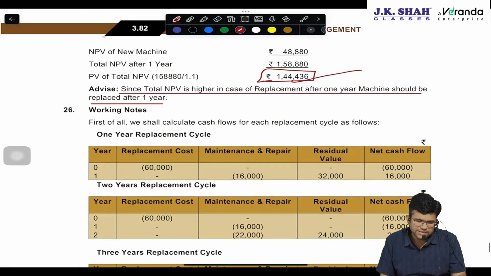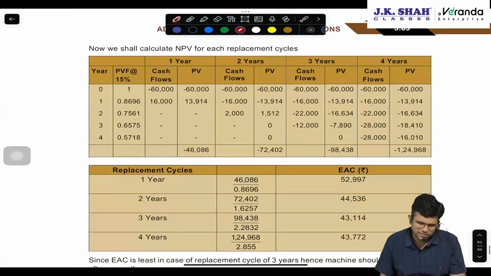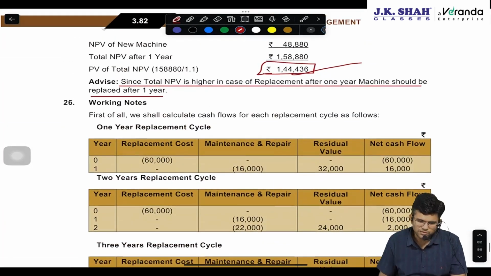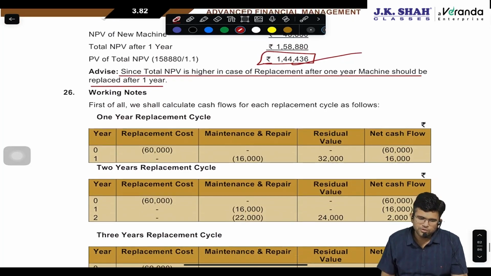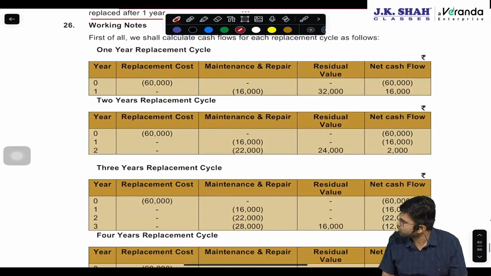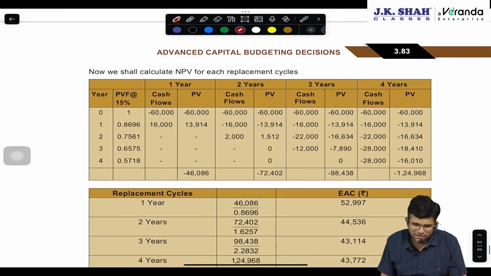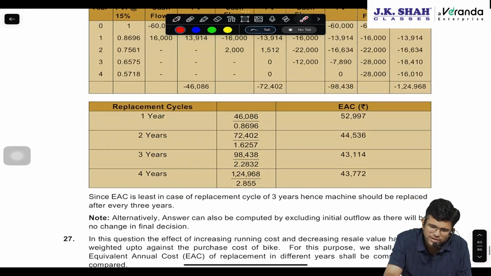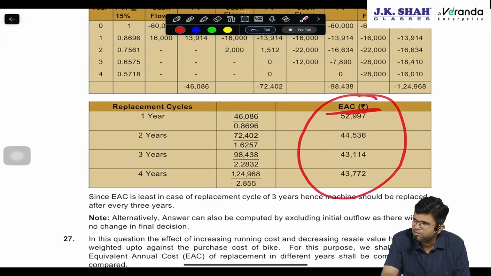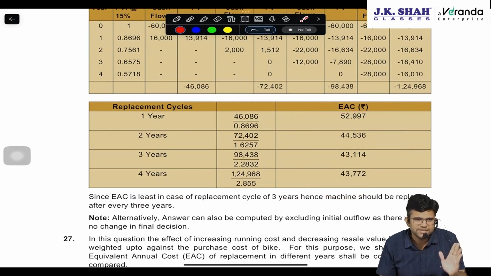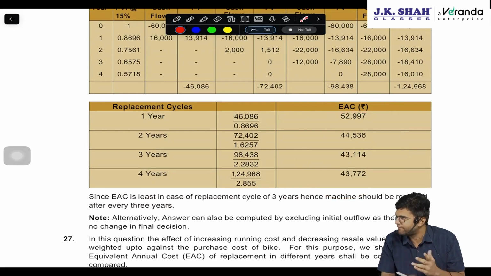So, see now, even the next question. Look at this. Can you see there is a 1 year replacement cycle, 2 year, 3 year, 4 year. Then NPVs are calculated, and once NPVs are calculated, they are doing EAC, EAB. Can you see that? So it's a miss. You're understanding that there is no logic why they have not done it. They have missed it. Everyone following?